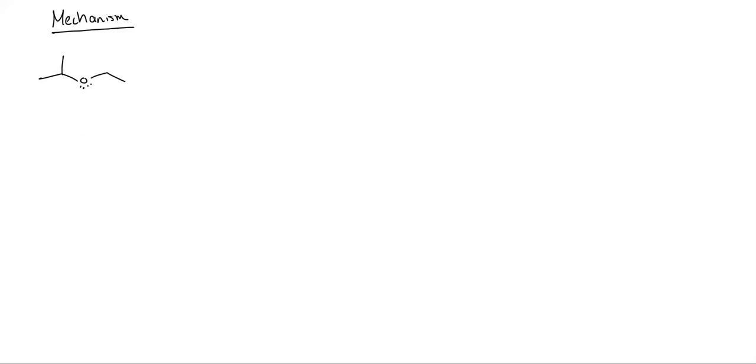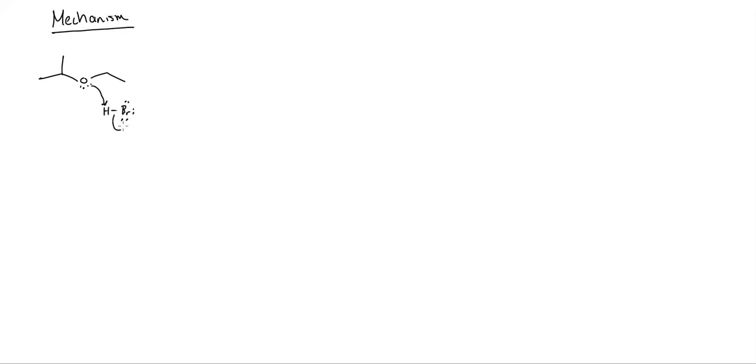In this mechanism, the first step is that this ether is going to attack this HI, HBr, HCl. In this case, we used HBr. So the ether is going to attack the HBr. We have HBr in solution, and it gets attacked by the oxygen on this ether.